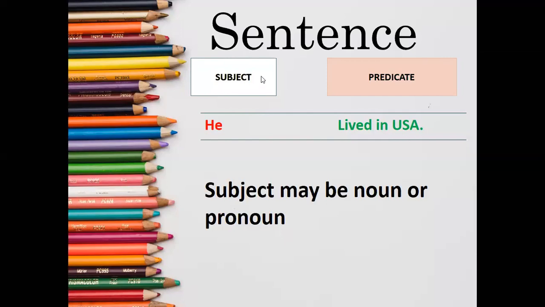Okay, right now we are discussing the sentence. A sentence contains two elements: subject and predicate. This subject, you know, is the doer of an action. Subject may be a noun or pronoun, you know that.